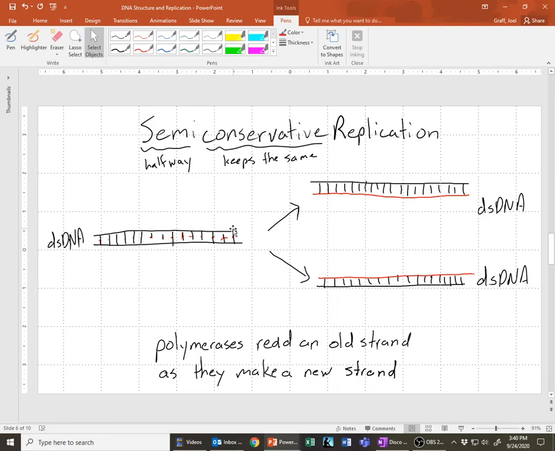So what happens is you can come in and break those apart either with heat or with an enzyme that's able to basically plow in there and start breaking things apart. You can end up with 2 double strands of DNA, where the top strand of this DNA strand was the top strand of this original double-stranded DNA, and the bottom strand of this DNA strand is the bottom strand of this DNA.